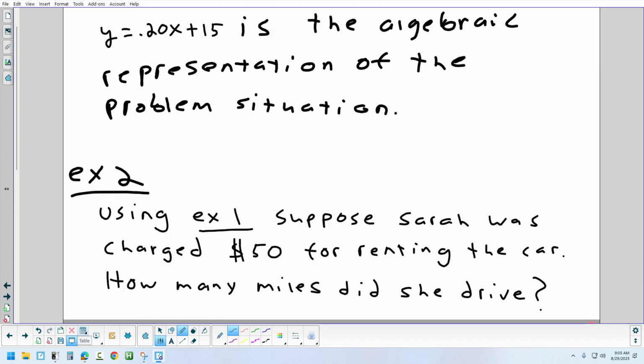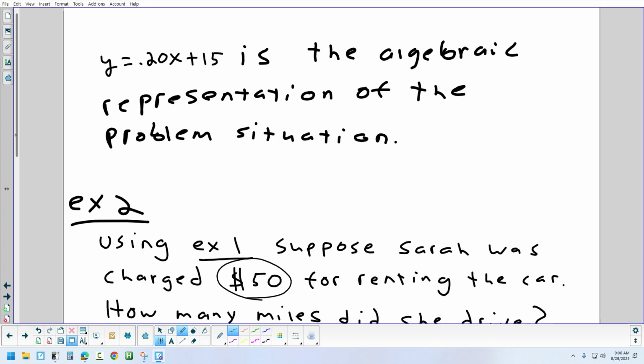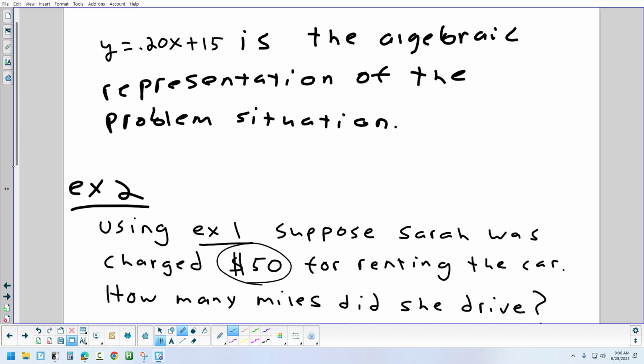Yeah, you're trying to find the x, not the y. We're trying to find the x, not the y, correct? Okay, now we're solving for miles. So that means we're plugging in for the y. So let's fill in 50 where the y is. So 50 equals 0.2x plus 15.